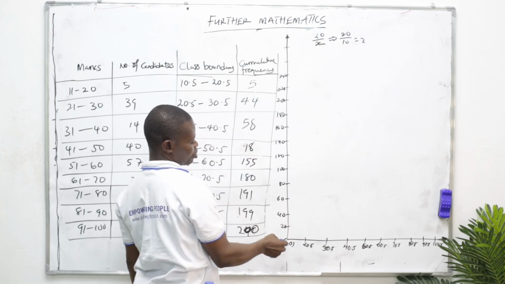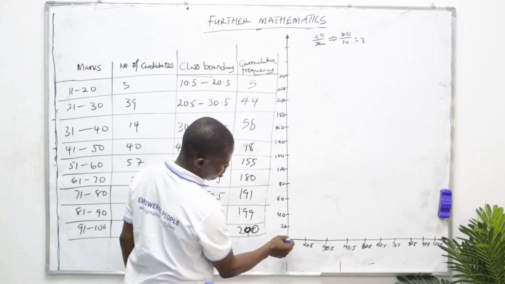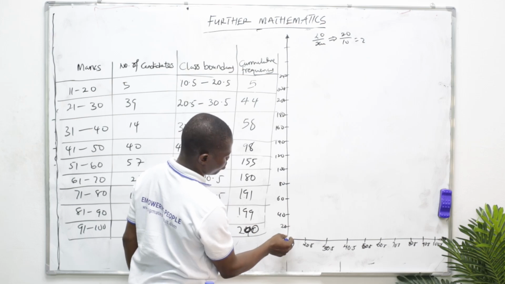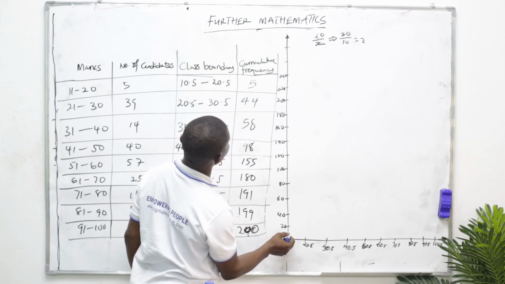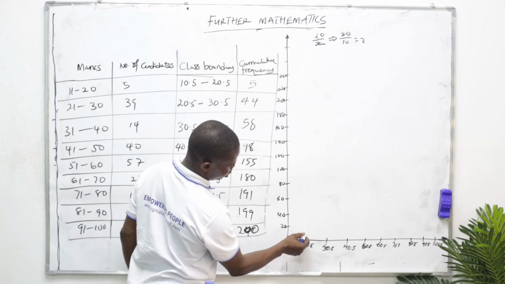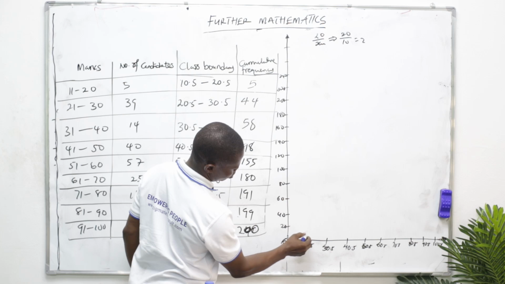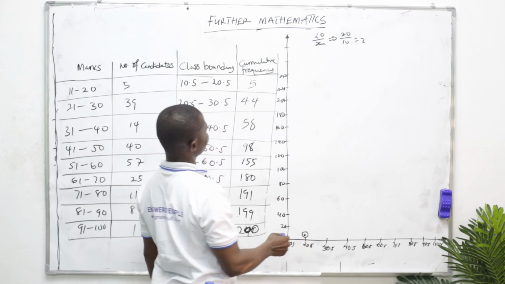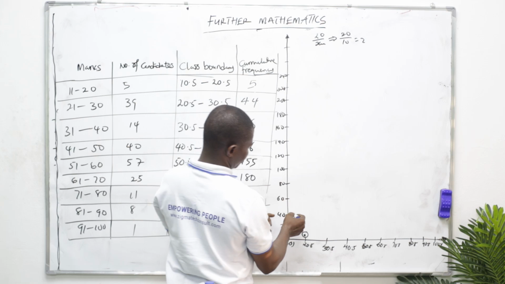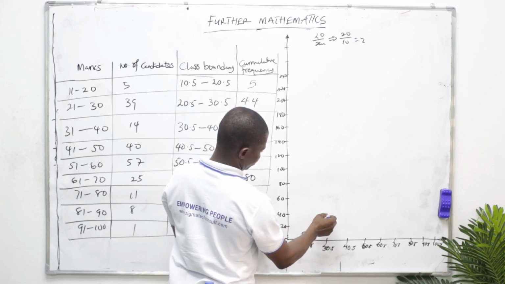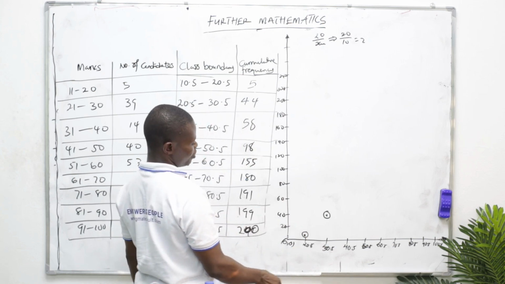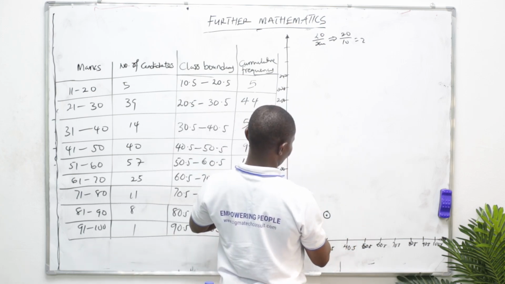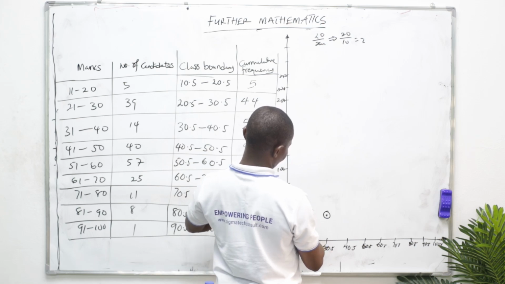So each whole represents 2. So if I have 1, 2, that is 4, and I'm interested to plot 5, it means the third one will be divided into 2. So it's under this point you plot. Circle it. The next is 44. This is 40. 44 is already easier. That's just 2 blocks. Then 58. This is 60. 58 should be somewhere here, okay?